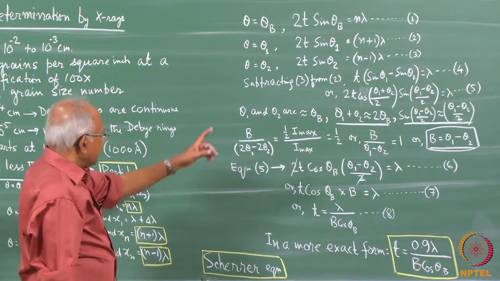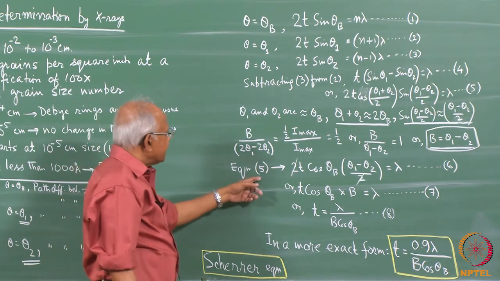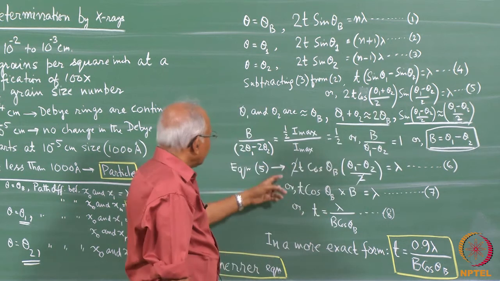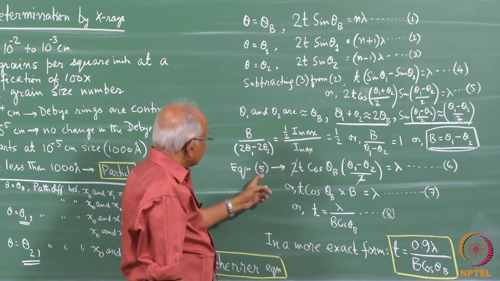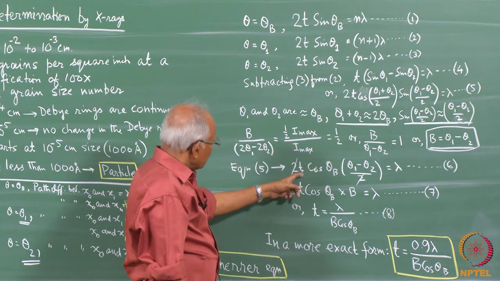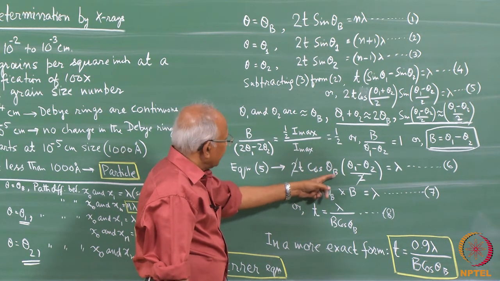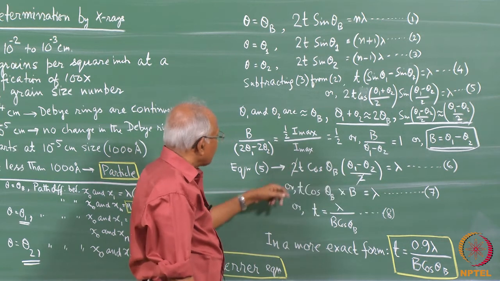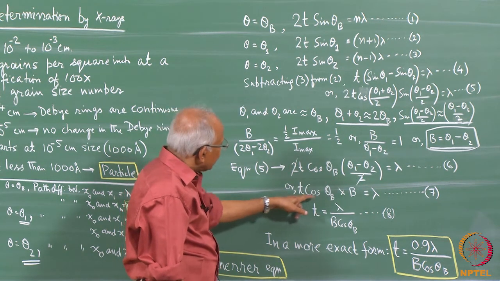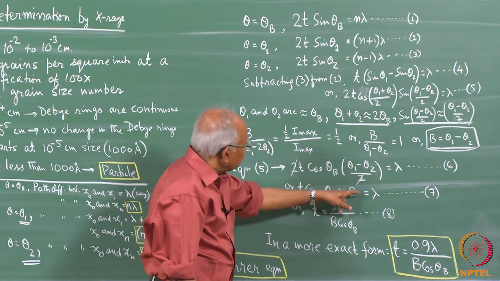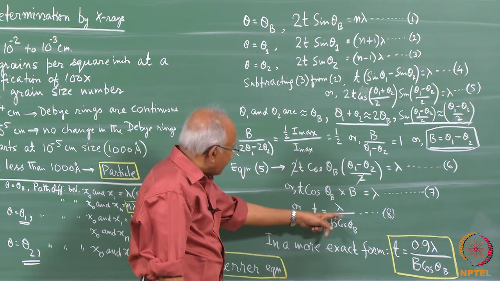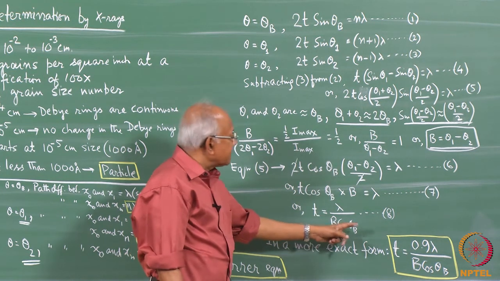Now, equation 5 can be rewritten in this form because of these values. If we put those values in equation 5, you can write it as 2t cosine theta b into theta 1 minus theta 2 by 2 equal to lambda. 2 and 2 will cross out, and we will get t cosine theta b into b equal to lambda, or t is equal to lambda by b cosine theta b.